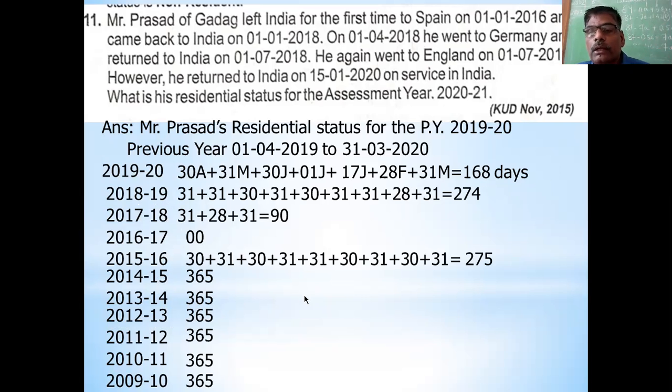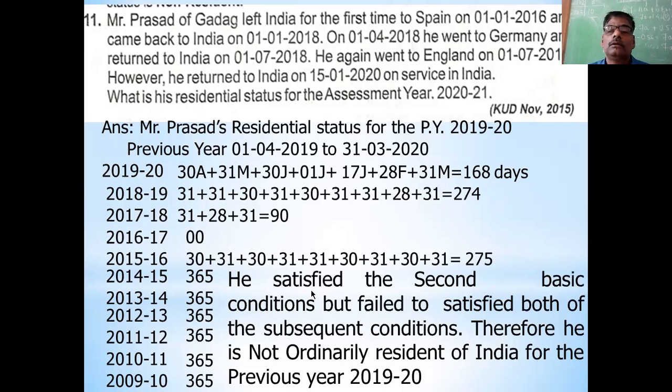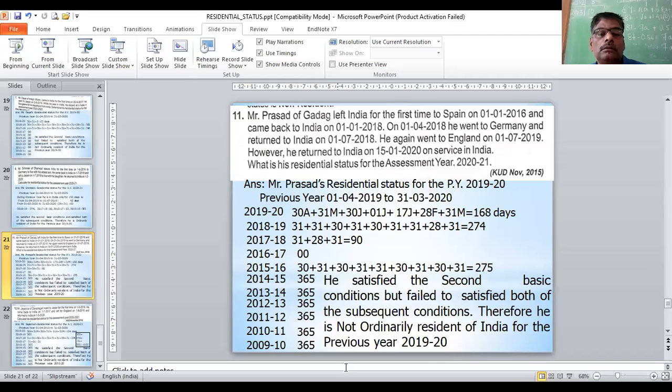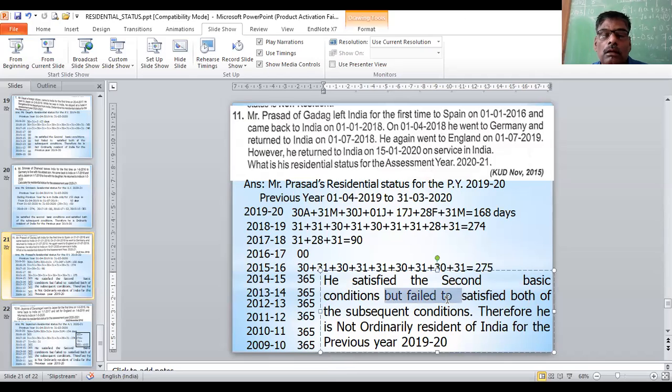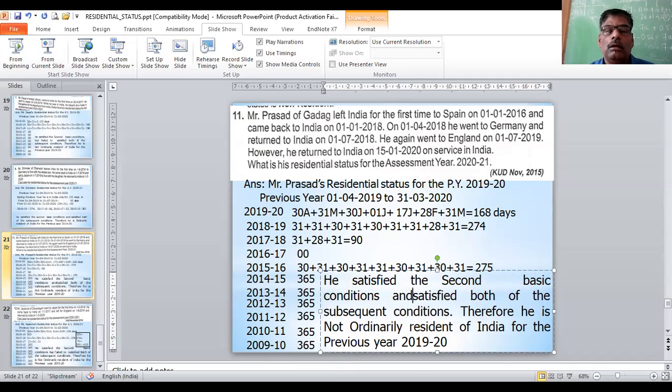Therefore, he is a resident of India. He is a resident and ordinarily resident of India. You see the answer. He satisfied the second basic condition and satisfied both of the subsequent conditions.